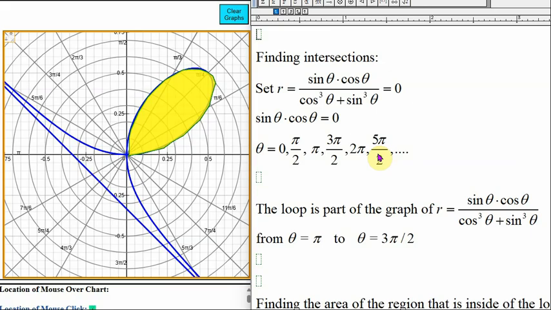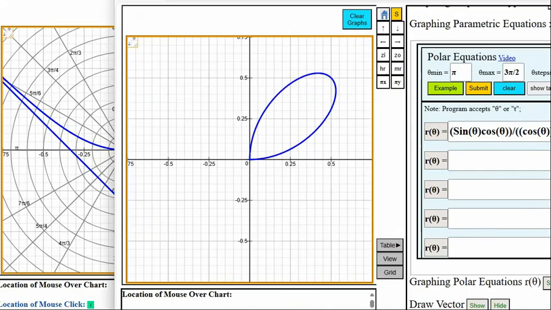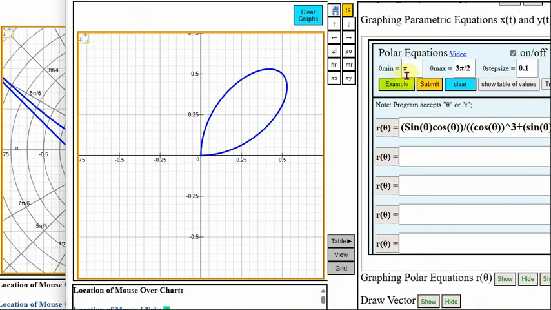Here's the graph again. To get this loop right here, I grabbed theta from pi to 3 pi over 2.